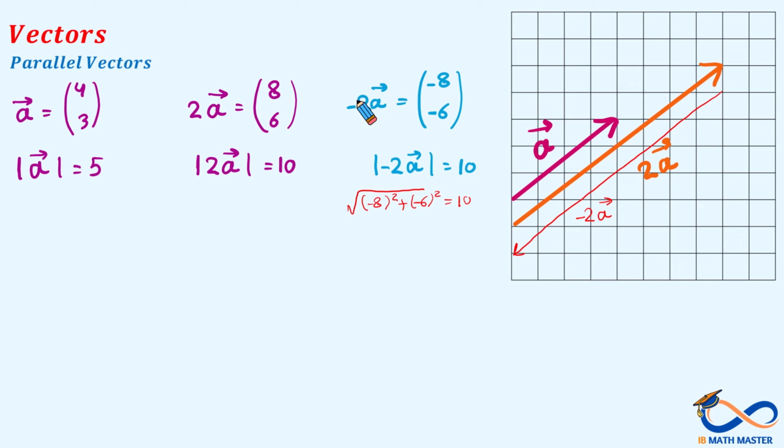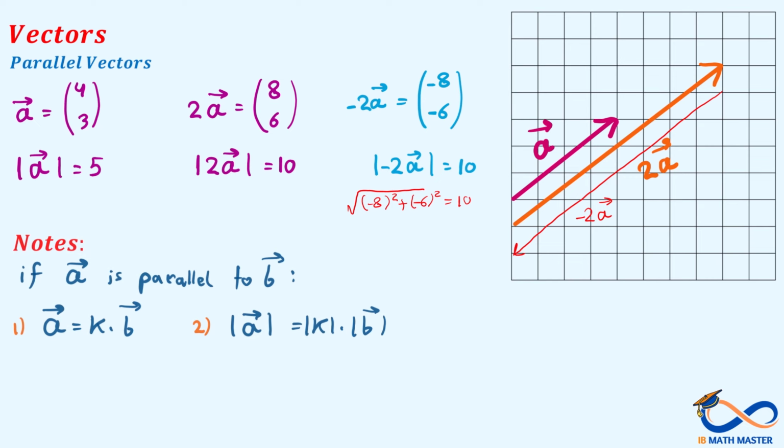since we multiplied by a negative number. So now from these examples, we conclude that when we multiply any vector A by a non-zero number, we get vectors that are parallel to the original one. So if vectors A and B are parallel, then one of them is a scalar multiple of the other.